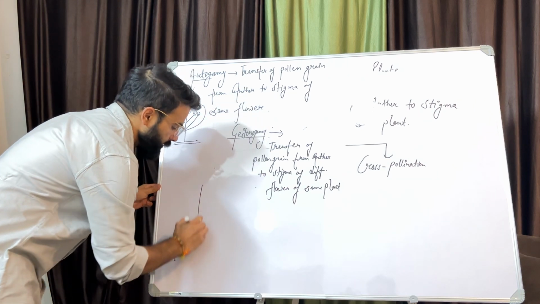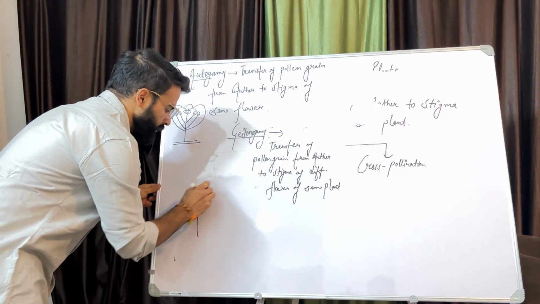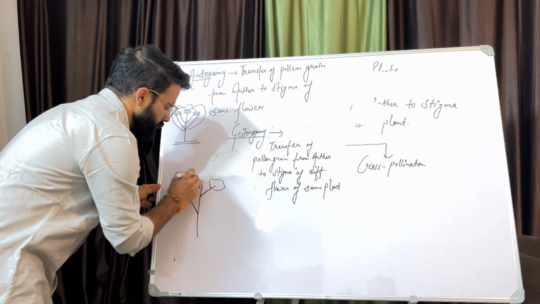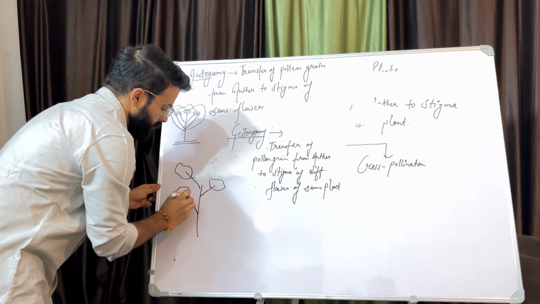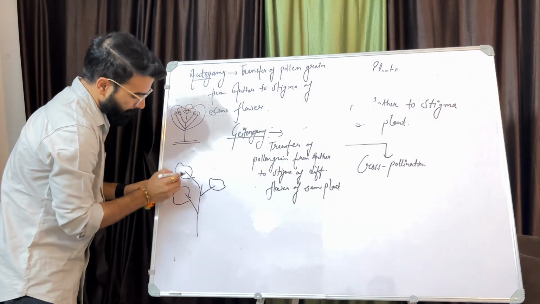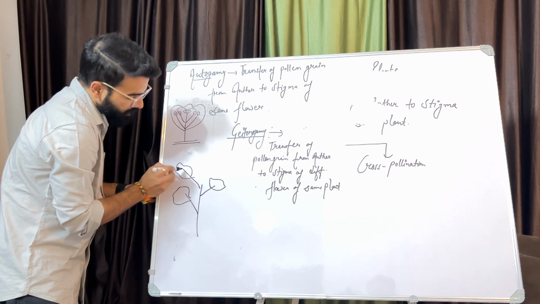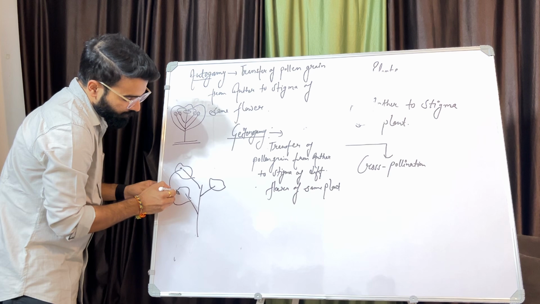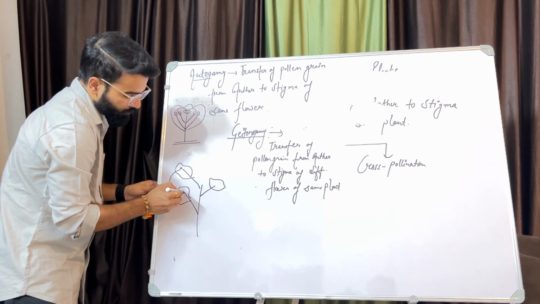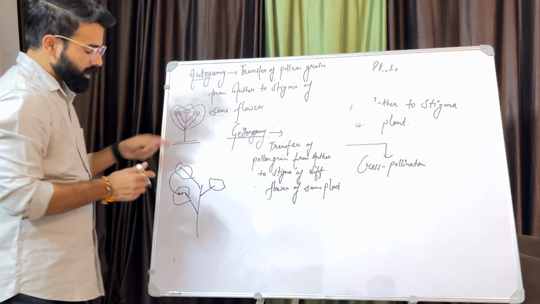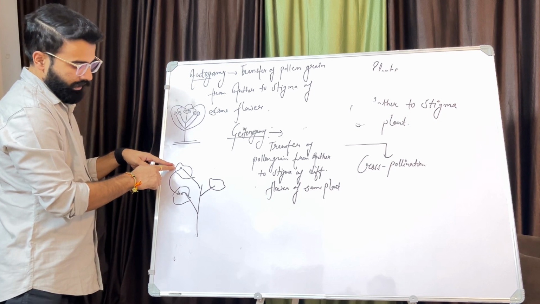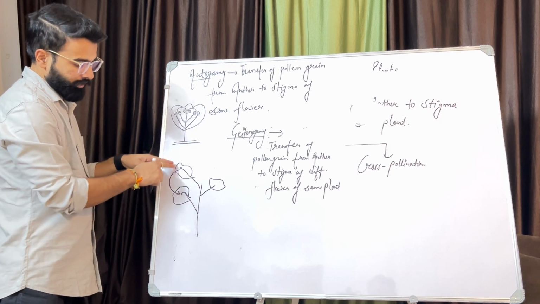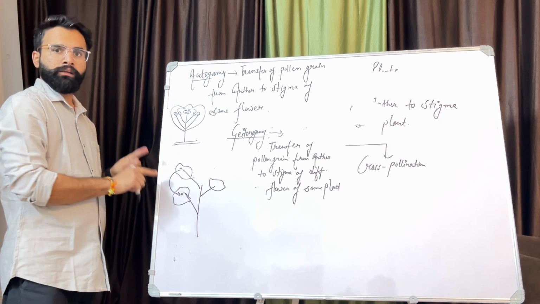Understand? For example, we have one plant in which two flowers are present, so there is transfer of pollen grain from anther of this flower to stigma of this flower. That is transfer of pollen grain from anther to stigma of different flower of same plant. Understand?